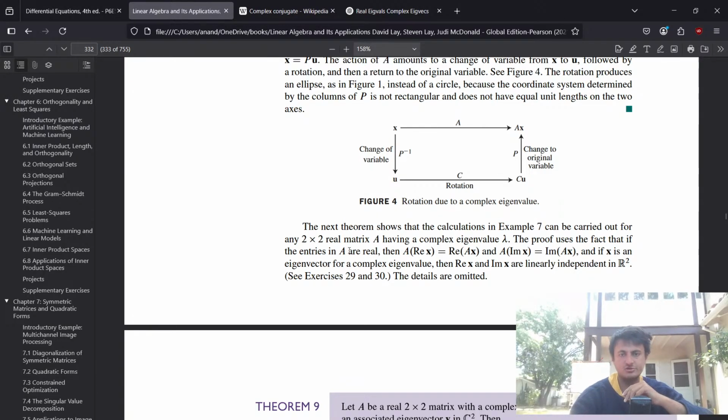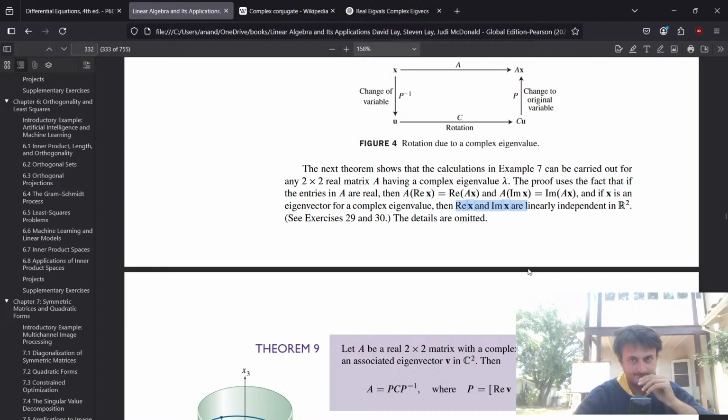Oh, but this is only true if A is real. That's interesting. Why would the real part be linearly independent from the imaginary part?